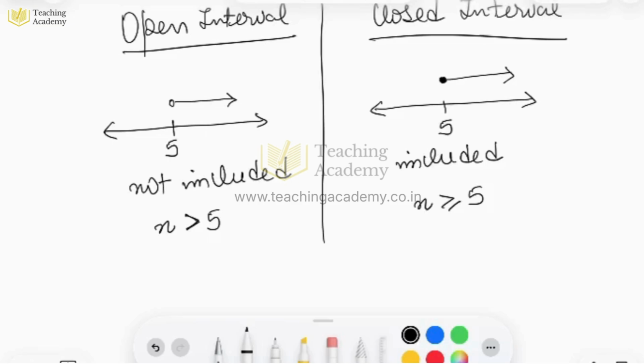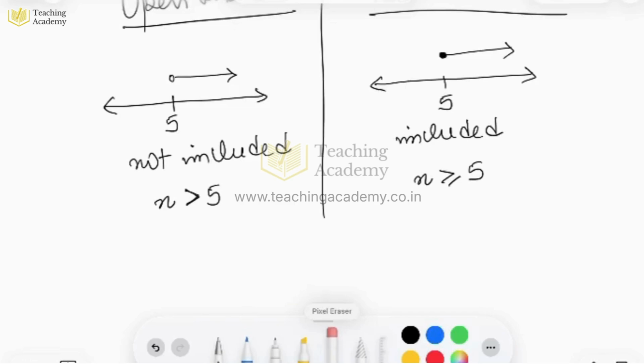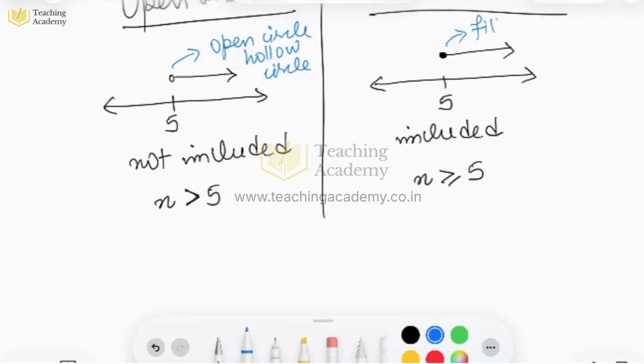So both of these things are different. And we also call this type of circle an open circle or a hollow circle. This is called a filled in circle.